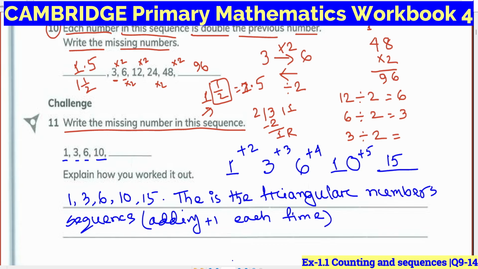Okay. So first the difference, or we can write, first add 2, then 3, then 4. It's increasing.